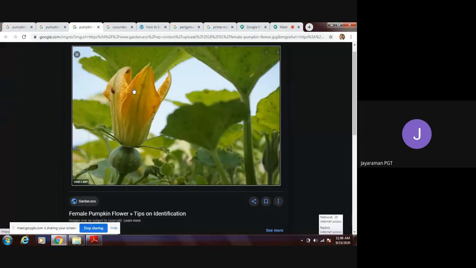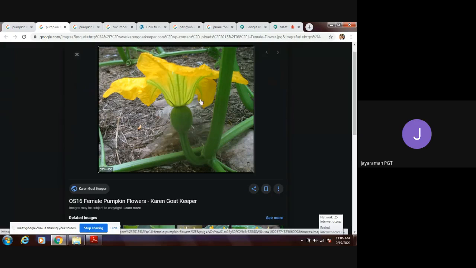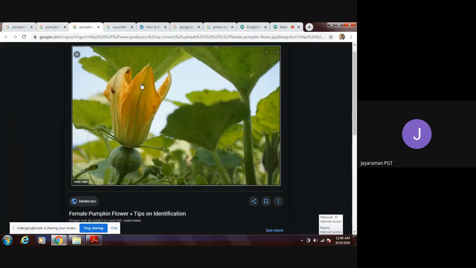Only the tip is free. You can see only the tip is free, but most is fused, like a wide funnel type. Almost 80% is fused. This type of funnel shaped corolla is known as gamopetalous. Petals are united.